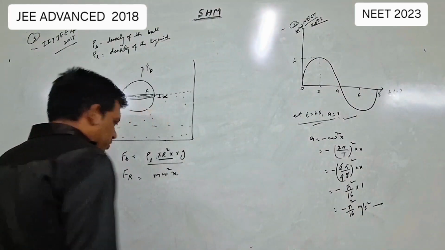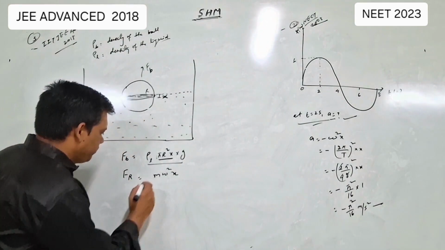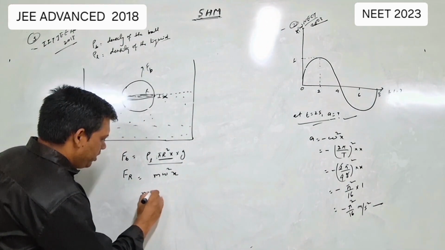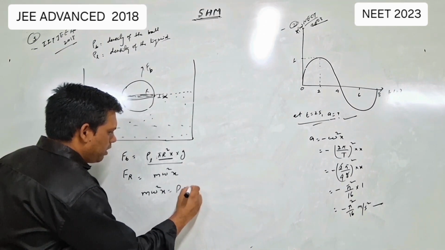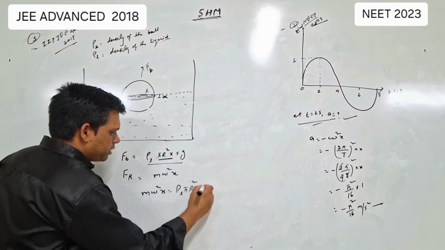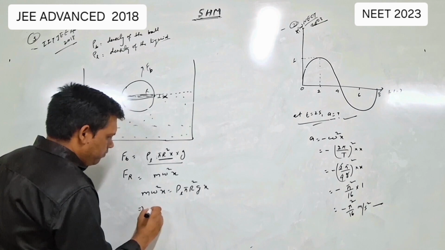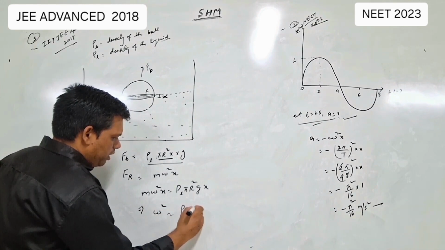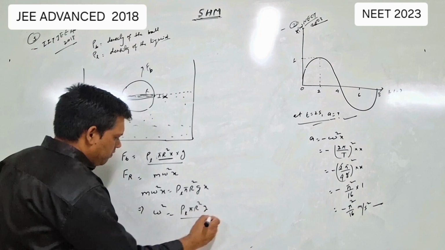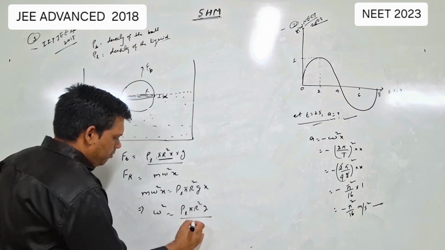That is, the buoyant force will provide the necessary restoring force. Therefore, m omega square x will be equal to rho L pi r square g x. Therefore, omega square will be equal to rho L pi r square g divided by m.